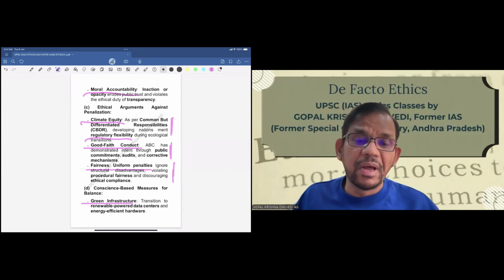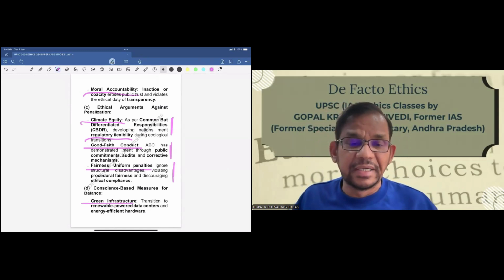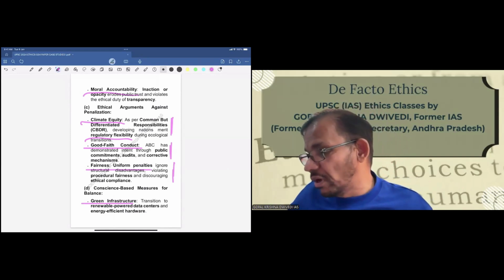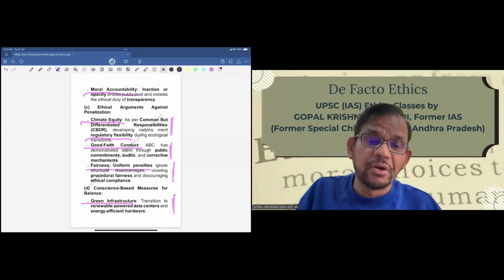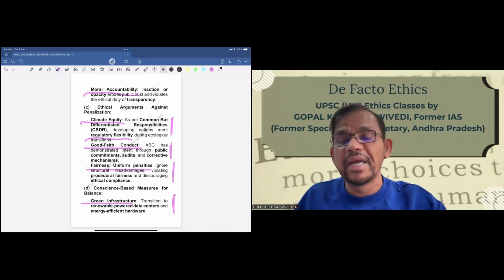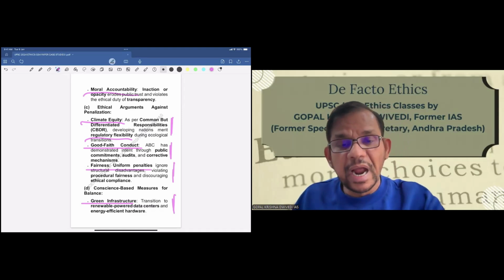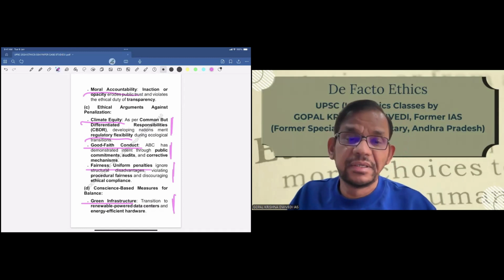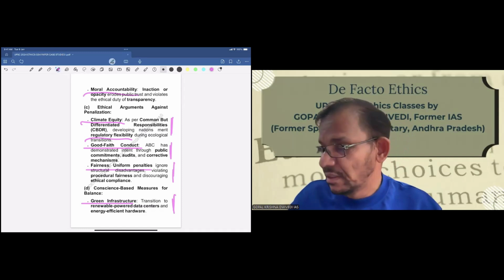Transition to renewable-powered data centers and energy-efficient hardware. This is very important, because this is one thing we want to propose, that data centers, to the extent possible, should be powered by renewable energy, and the hardware which we are going to install should be energy efficient, so that less energy is consumed there.